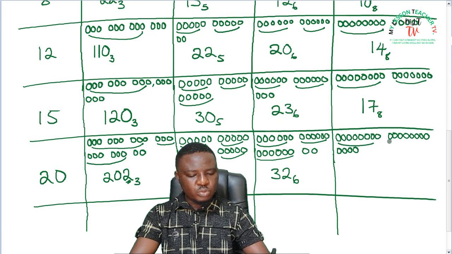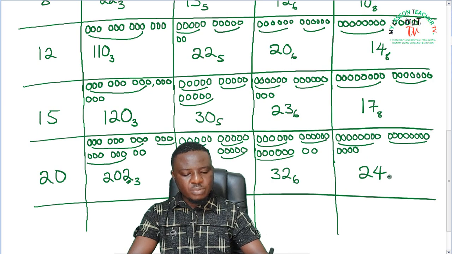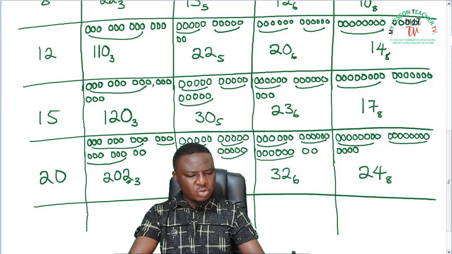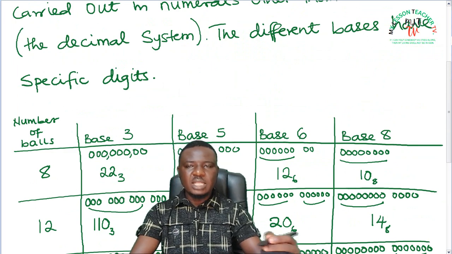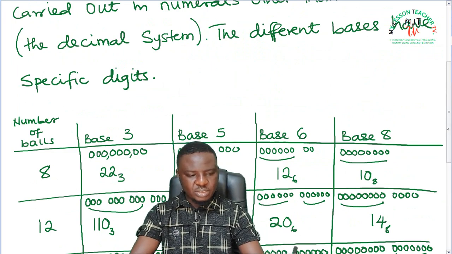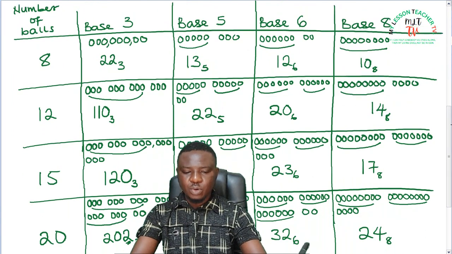So we have two groups of 8, remainder 4, all in base 8. So this is how you can convert from base 10 to any other base using the tally system. You can pause at this point and look at what I have done to ascertain how I was able to manipulate and get my answers.